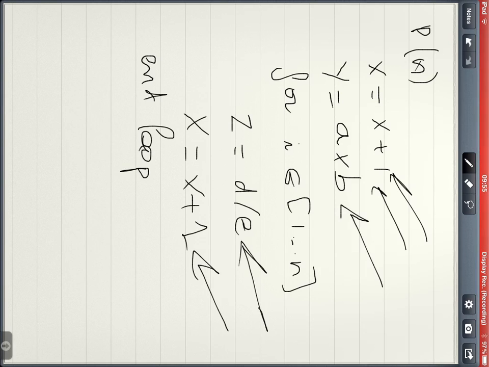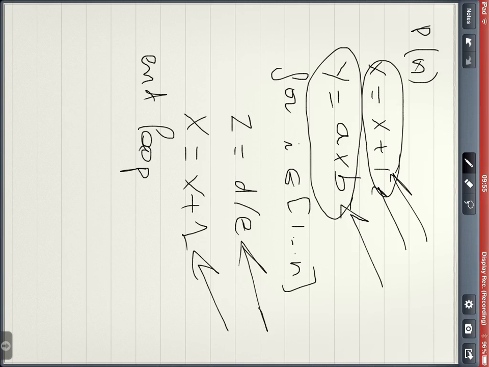Now, what you can see happening here is that the size of the input is what determines the number of steps. It's not really this 30.